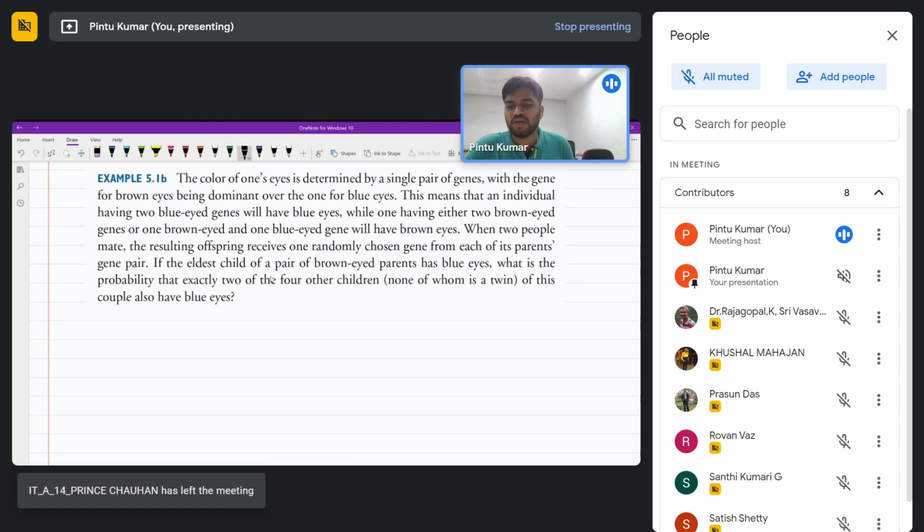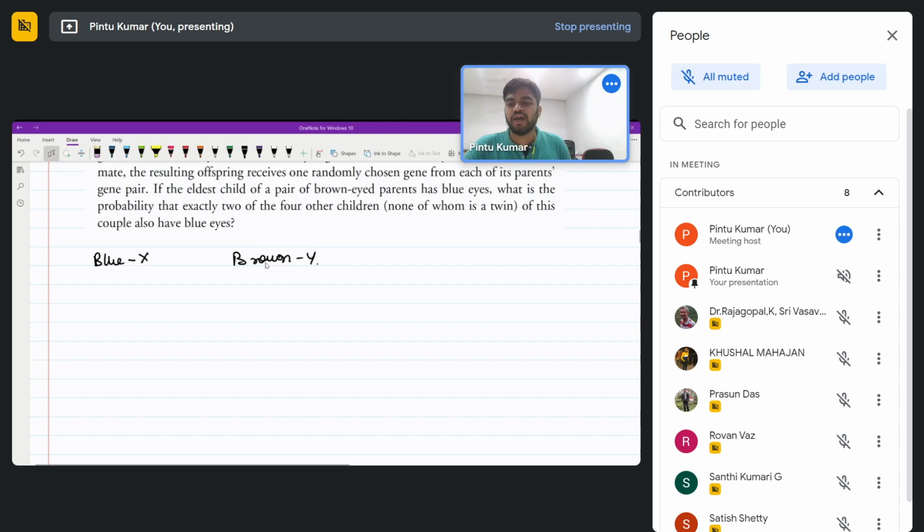Let's denote blue by X and brown by Y. If a person has the XX gene, then he will have blue eyes. He gets one gene from his father and one from his mother, and he will have blue eyes. If that person has YY, again this is simple, he will have brown eyes.